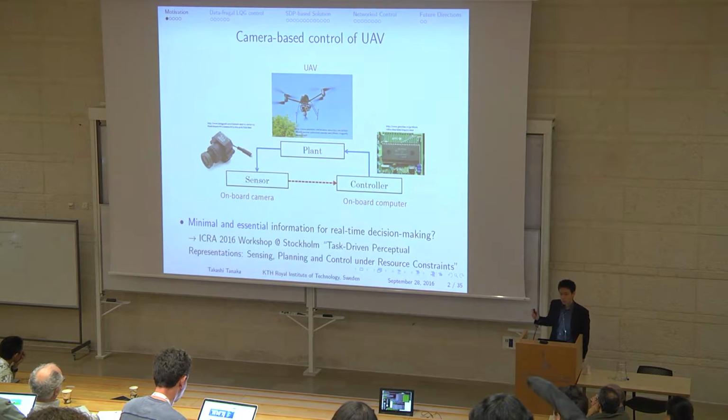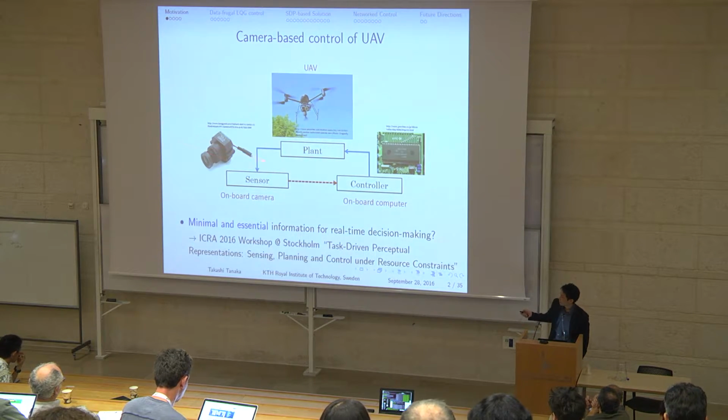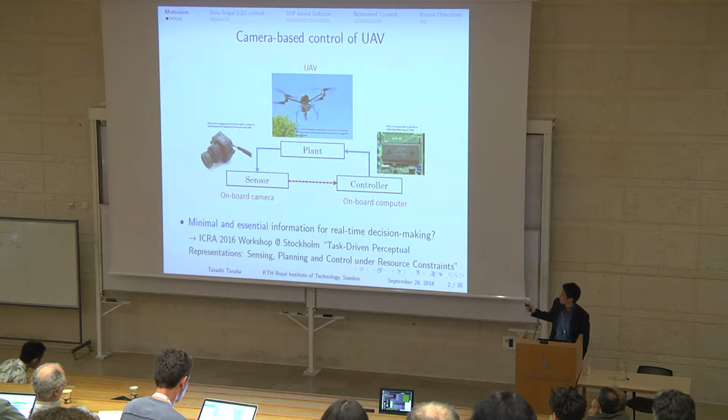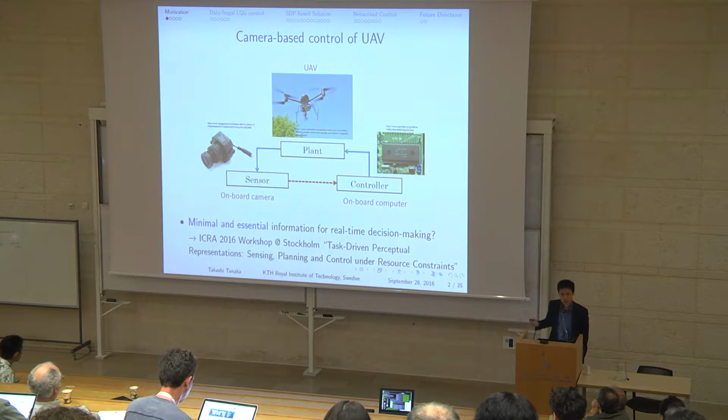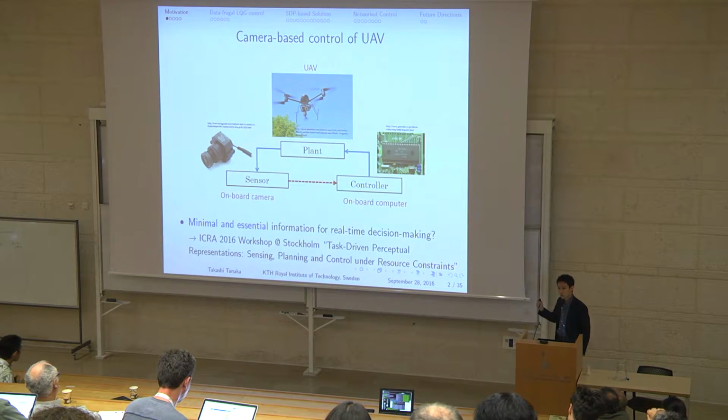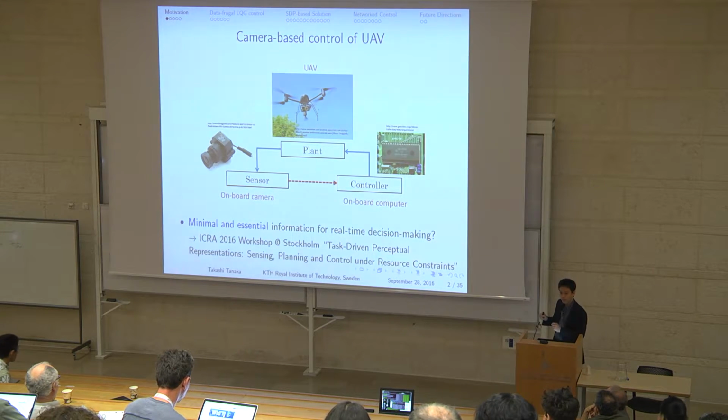One engineering difficulty you might face is that nowadays this type of camera device can produce a lot of information, much more than an onboard computer can handle in real time. So the natural question arises: is it possible to select, from the sensor data, only the important information that is relevant to your control task?